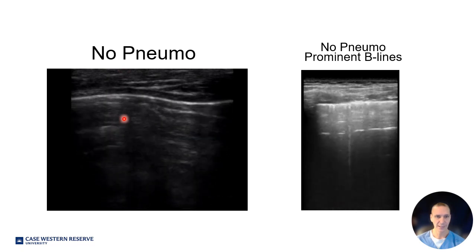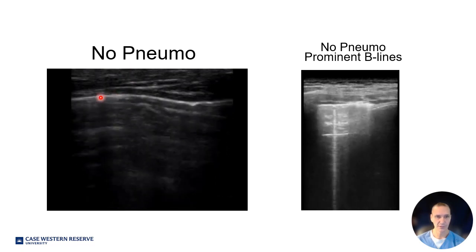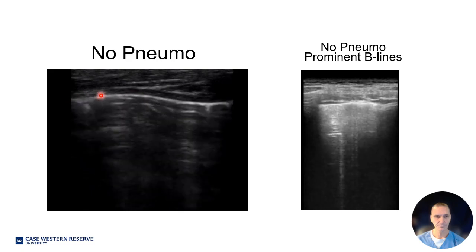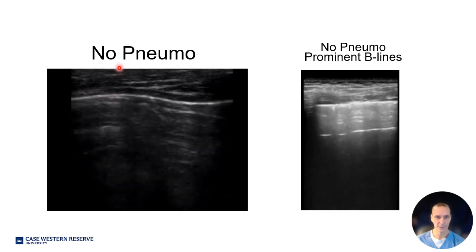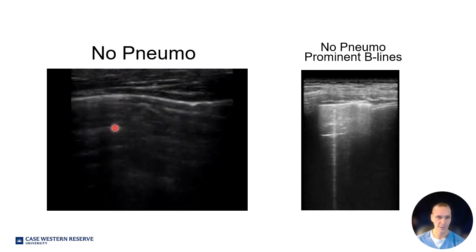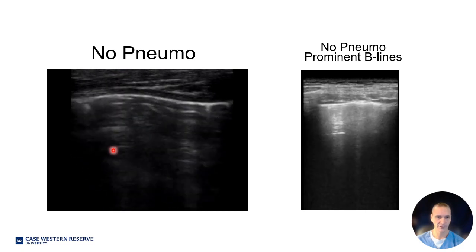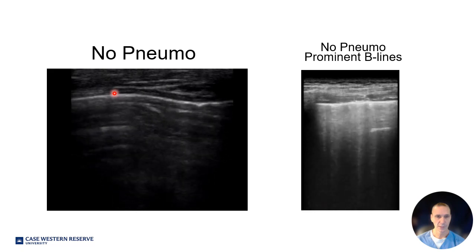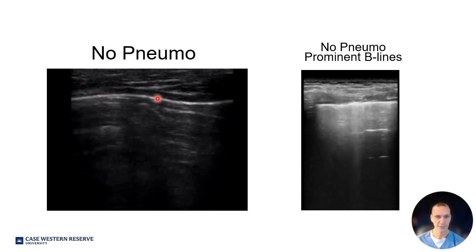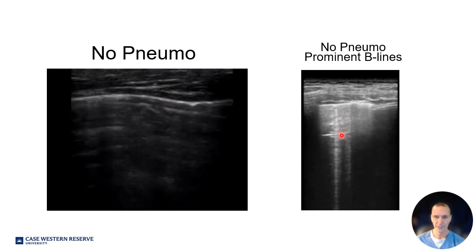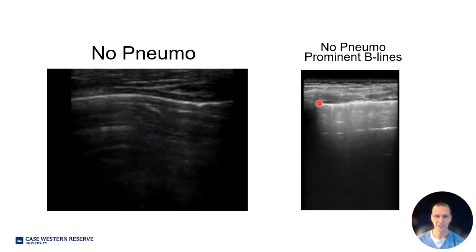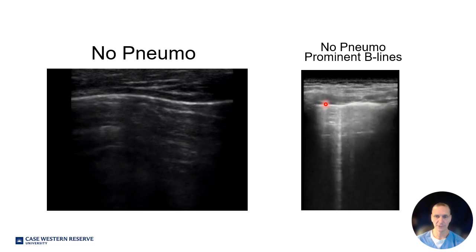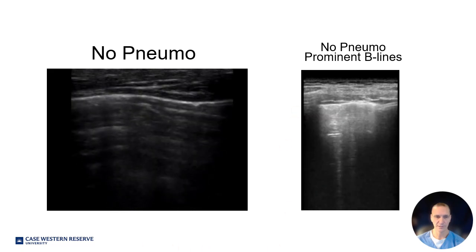So these A lines are actually reverberation artifact that's seen, and you'll see they kind of fade out over time. So A lines are here, and then B lines, also called comet tails. It's the B lines and comet tails that are telling you the lung is expanded.